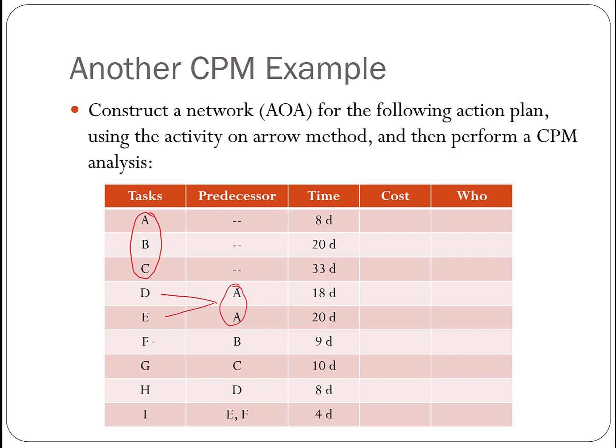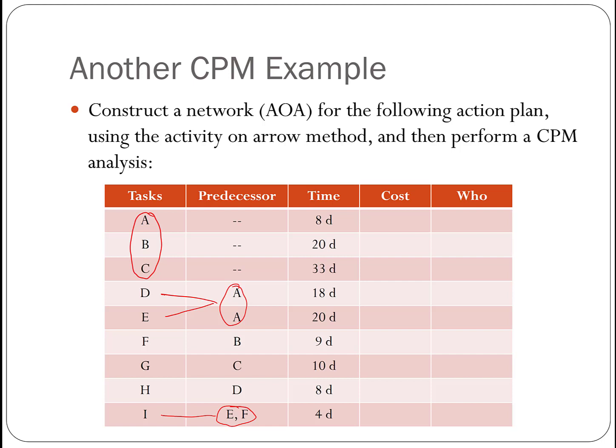Then B is a predecessor of F, C is a predecessor of G, D is a predecessor of H, and then both E and F are the predecessors of I. So E and F will end at the same node, and then from that node, we will have an activity, which is I, coming out.